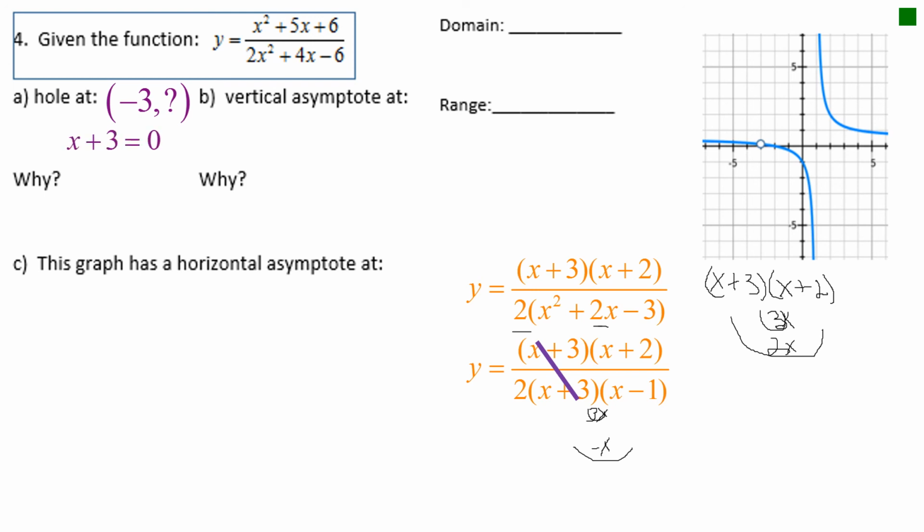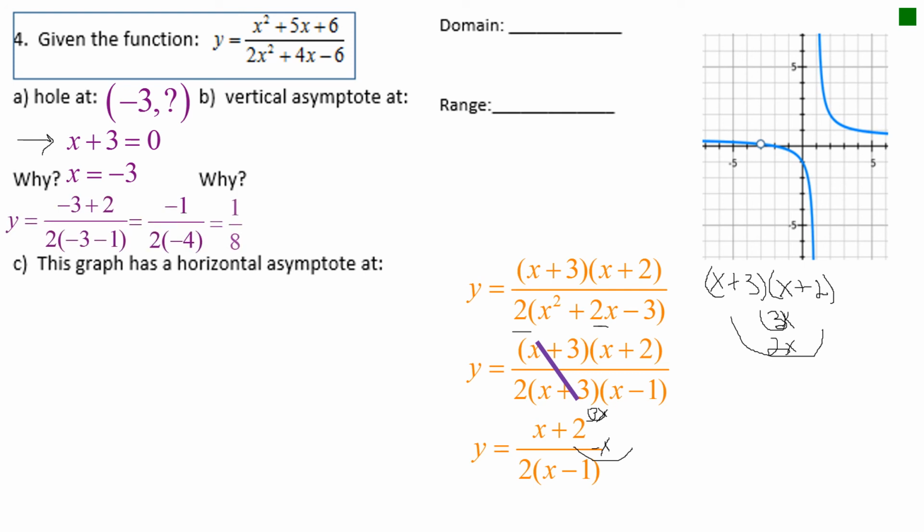So I take that factor, x plus 3, and set it equal to 0 back here at the top. So I have a hole at x equals -3, but I need the y value. Plug it back in, follow along, and I get y is equal to 1/8. So here's the hole here at -3 and 1/8.